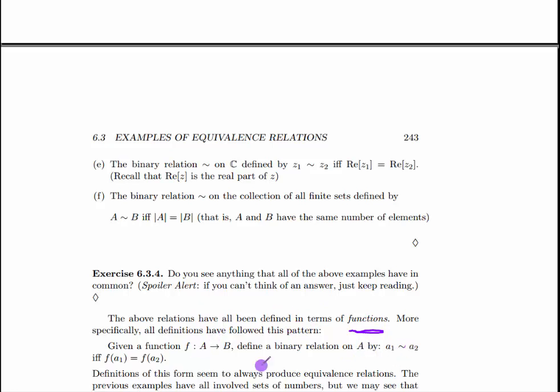A1 is related to A2 if and only if f of A1 equals f of A2. You can see that here. The binary relation on C: Z1 is related to Z2 if and only if the real part of Z1 equals the real part of Z2. Real part is a function. So we're saying that if the function agrees on these two complex numbers, then they're related.